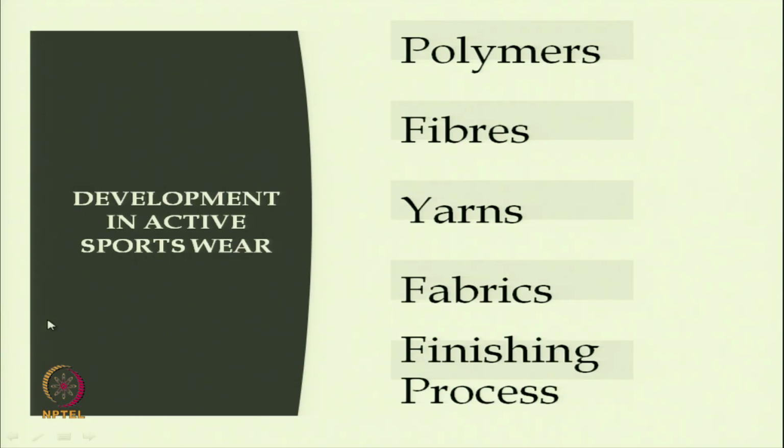These developments took place in various areas like polymers, fibers, and yarns made with different structures for enhancement of performance of sportswear, different types of innovative fabrics, and different finishing processes.